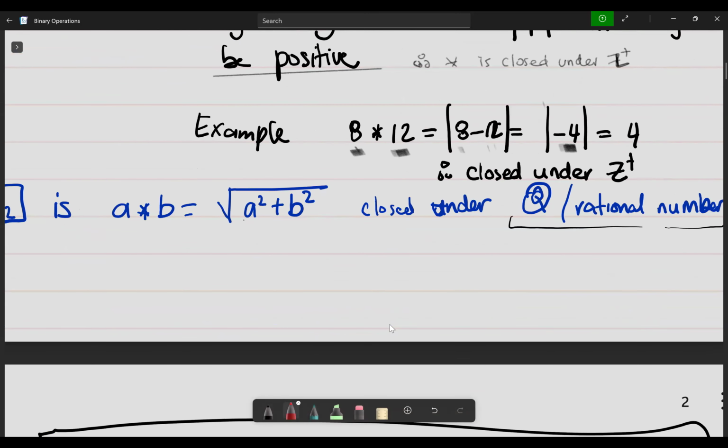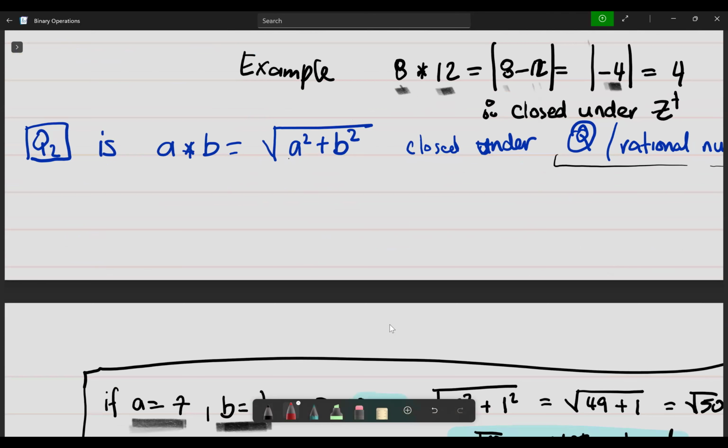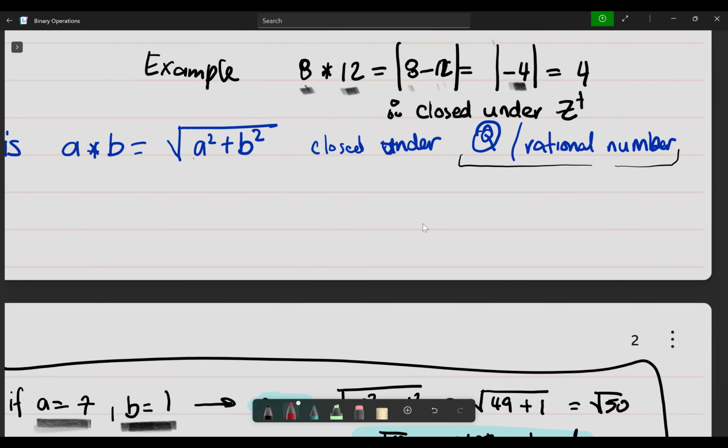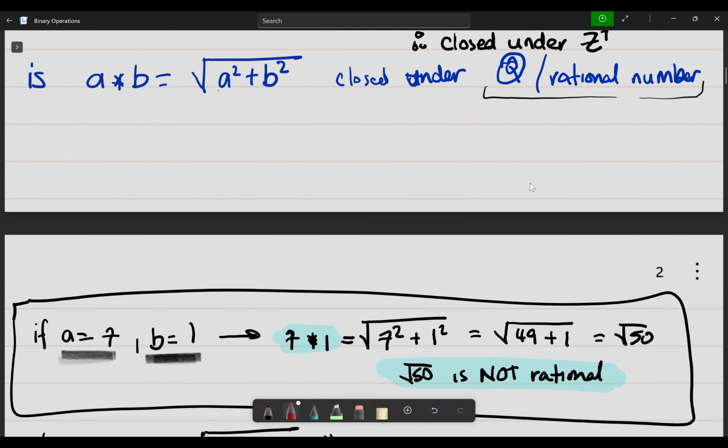The modulus of that is 4, which is a positive number, so it's always closed under positive numbers. Now, the next question is saying a star b is equal to the square root of a squared plus b squared, and is that closed under rational numbers, Q? Rational numbers are a specific set of numbers.